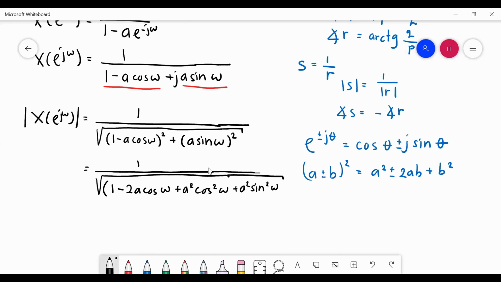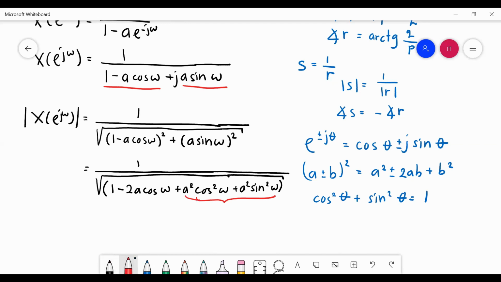This one we can also simplify, with the knowledge that cos squared theta plus sin squared theta is equal to 1.